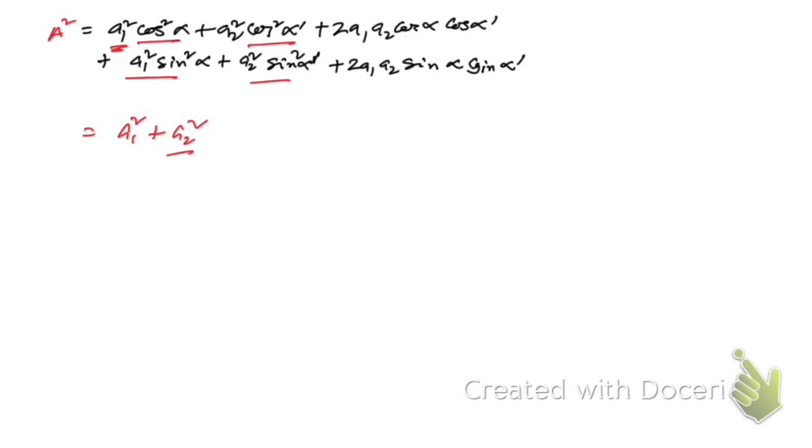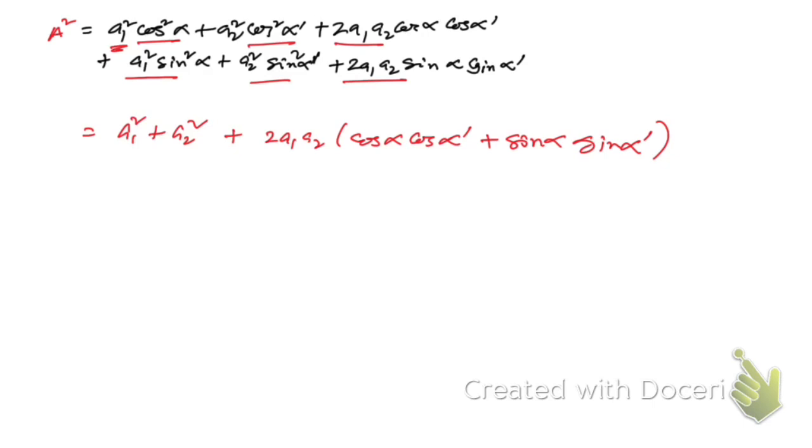Similarly, we have a2 square from these two terms. And you can take 2 a1 a2 common, so within the bracket we have cos alpha cos alpha dash plus sine alpha sine alpha dash, which is nothing but cos of alpha minus alpha dash. So a1 square plus a2 square plus 2 a1 a2 cos of alpha minus alpha dash, and that's what we have got.